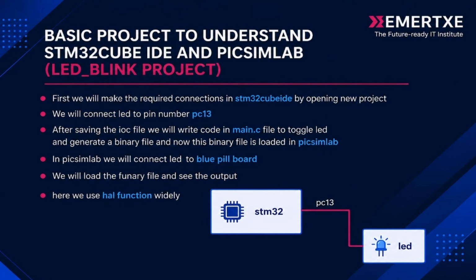After saving the IOC file, we write code in the main.c file to toggle the LED and generate a binary file. This binary file is then loaded in PixSim Lab. In PixSim Lab, we connect an LED to the Blue Pill board, load the binary file, and see the output.